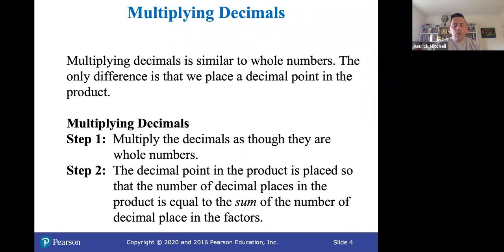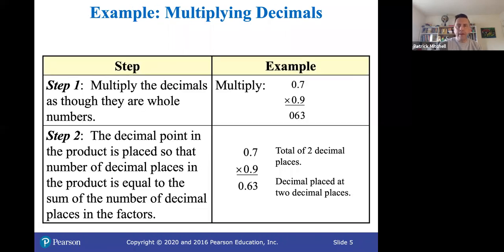The way that you figure out where to place the decimal point in the answer is like this. You count how many decimal places are in each number and then add those two numbers together, all right? And that'll make a lot more sense when we see an example. So here's an example.